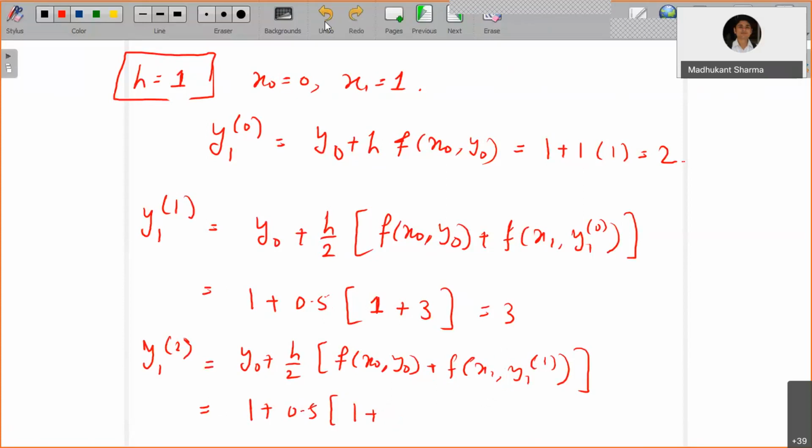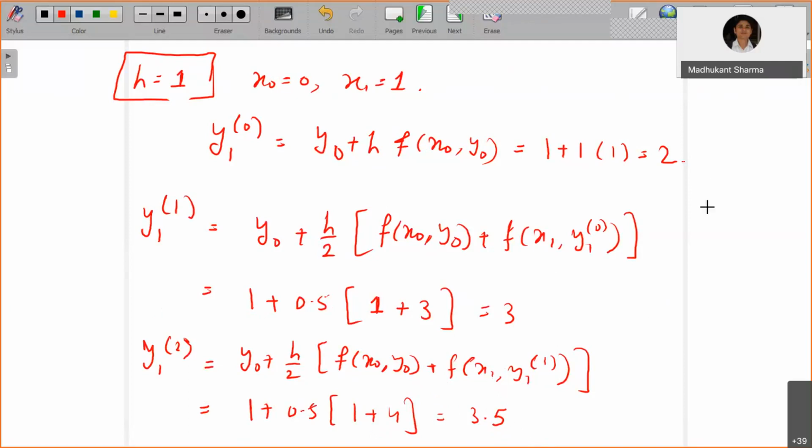So x1 is 1 and y1 of 1 is 3, so 1 plus 3 is 4. So 4 plus 1 is 5. So 5 into 0.5 is 2.5, so that's going to be 3.5. So you're very much closer to the analytical solution. Now the error is very small. Here you require only a few correction steps.